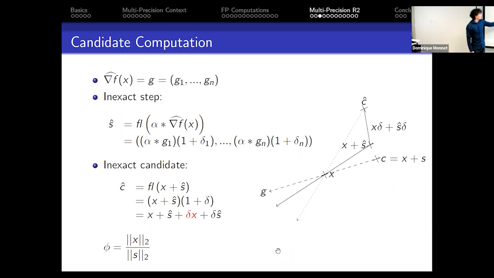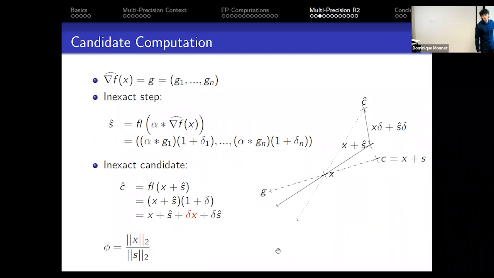This error is not too bad as a relative error, but it can get pretty bad, especially when your step is small compared with the incumbent. Because if we look at this equation, if x is big, then even if delta is small, it's not really small. In float 16, for example, these errors can actually be bigger than your step.